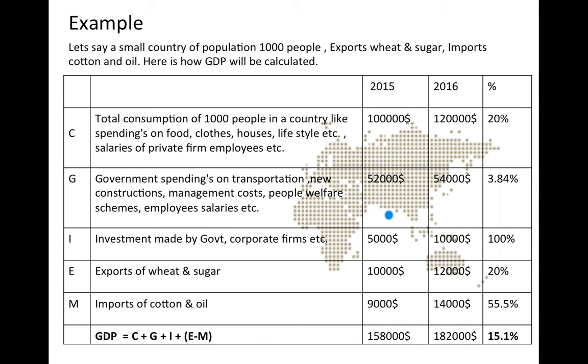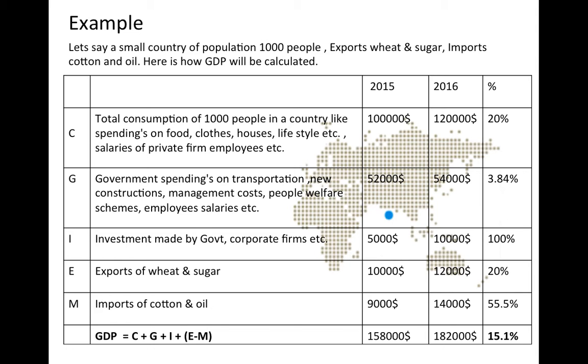Exports of wheat and sugar is $10,000. Imports of cotton and oil $9,000. So the GDP value, by summing up all and deducting imports, is $1,58,000.